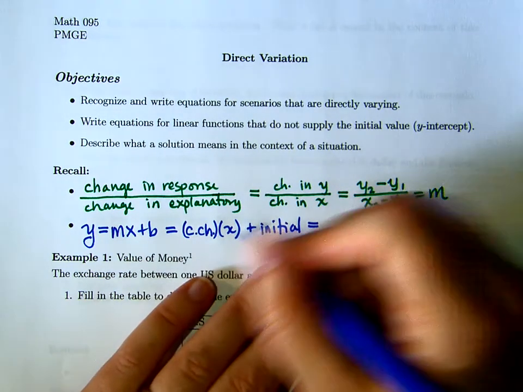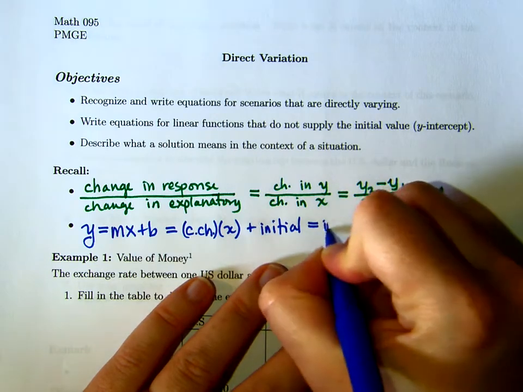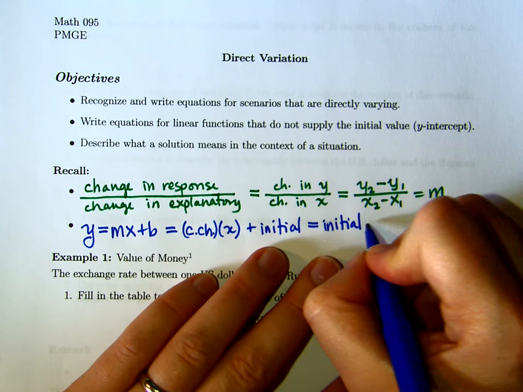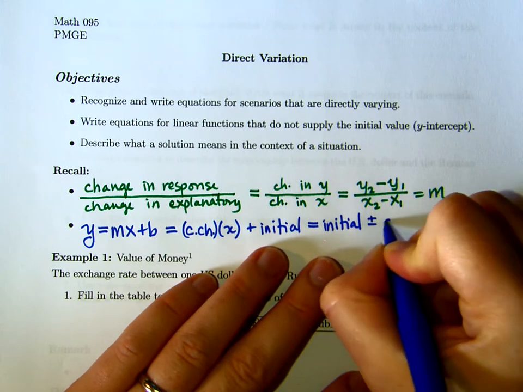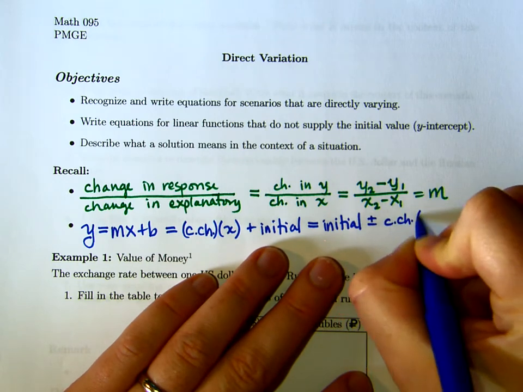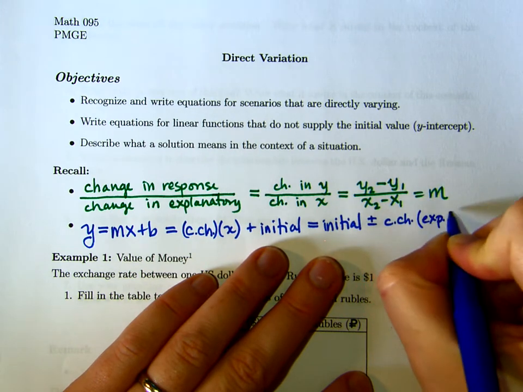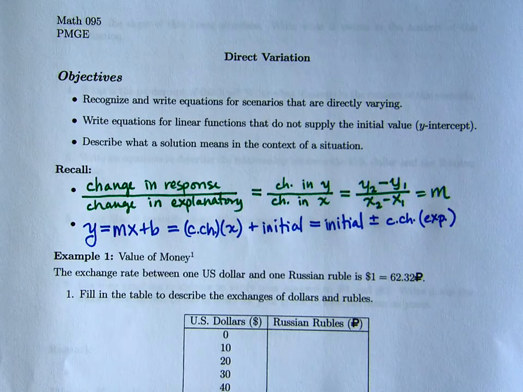Sometimes instead of writing it in this order, we say it's the initial plus or minus the constant change times the explanatory variable. Yeah? Okay.